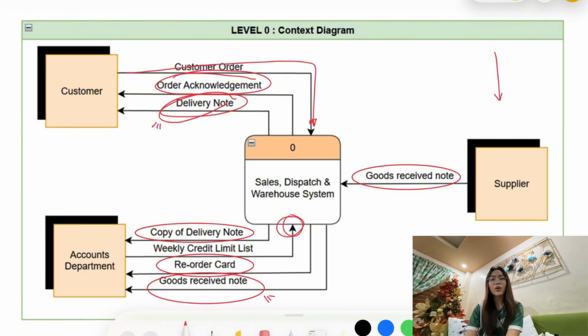This level 0 context diagram establishes the scope of our system and clearly defines how it communicates with external parties. In the next level of our DFD, we decompose the single process into separate processes for sales, warehouse, dispatch, and accounts functions, and then further down into detailed activities per department and job role.